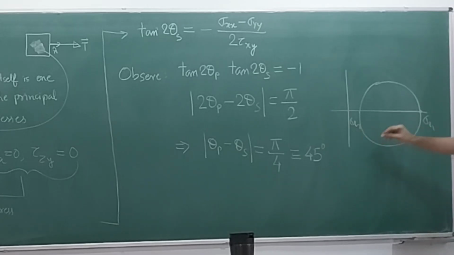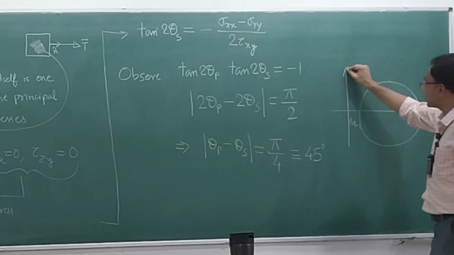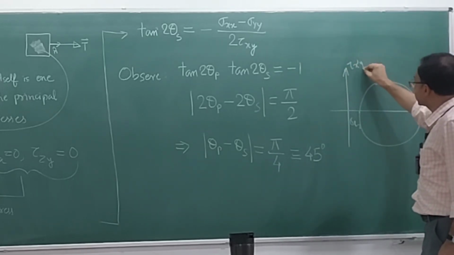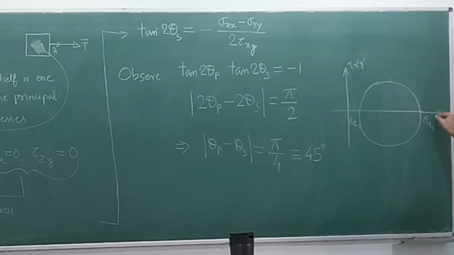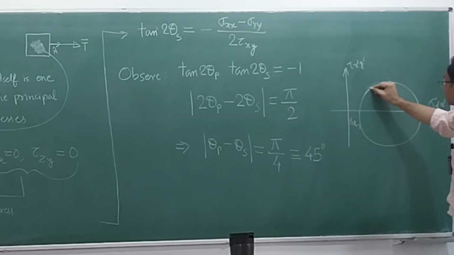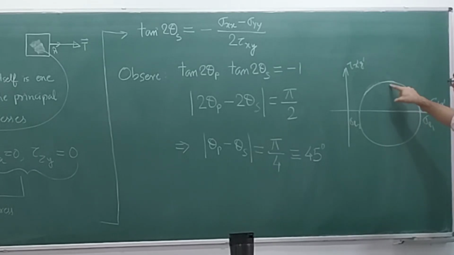Now Charit is asking about this point where we have the radius. This is the maximum possible value of the shear stress, because remember that this is the tau x dash y dash and this axis is the sigma x dash x dash. So this is the peak point of the circle. Here you have the maximum value of the shear stress.